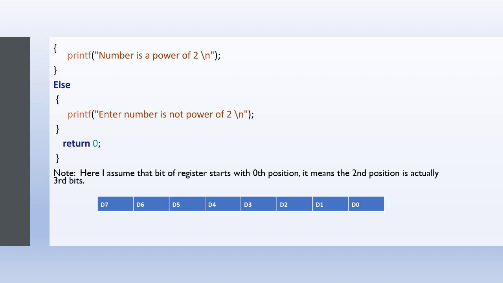How to set a particular bit in C? This is what we discussed in our bit masking earlier, so once again I'm repeating this. For setting a bit, the bitwise OR operator, that is the OR symbol, is used to set a bit of an integral data type.